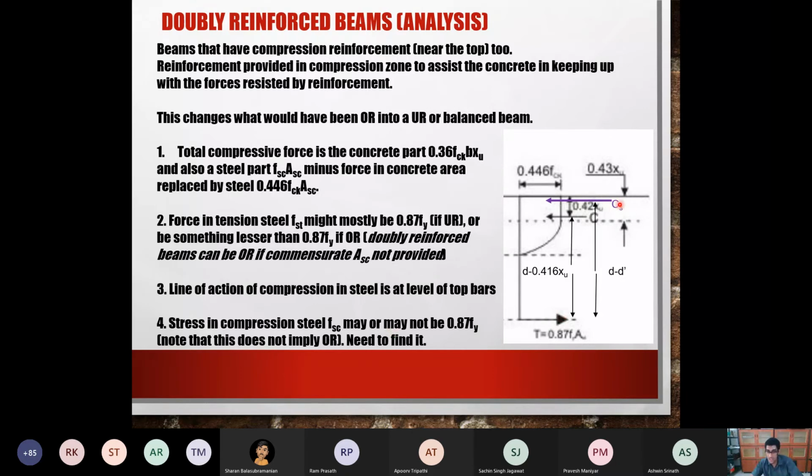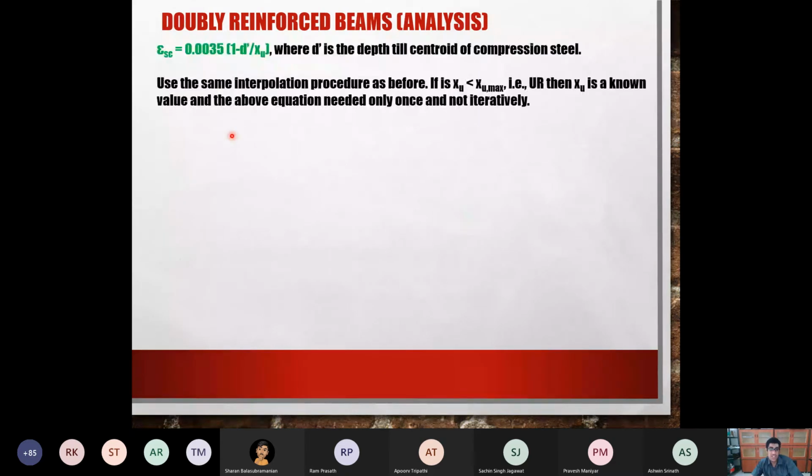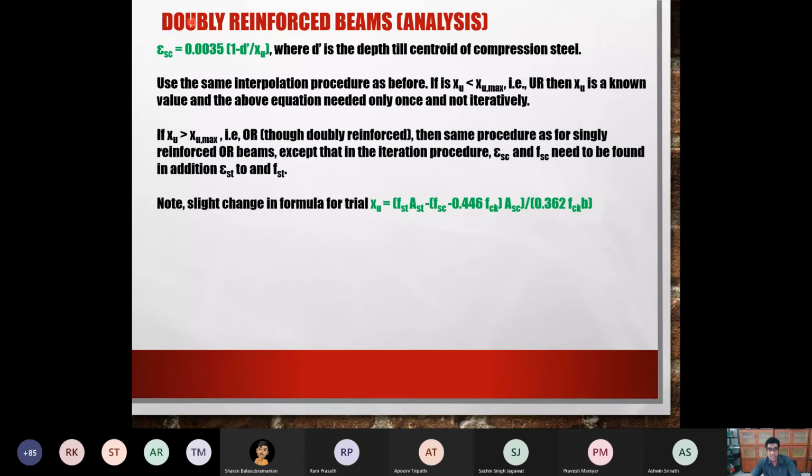So the stress of the steel on the top is not known, and you need to find it out using a procedure very similar to the one explained for the over reinforced beam. A similar triangle equation is used to find out what the strain in the top steel is. D is the effective depth. D dash is the depth from the top of the beam to just below the steel which is there.